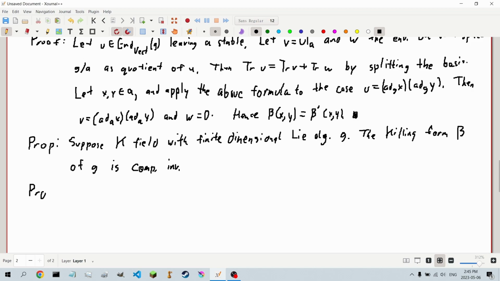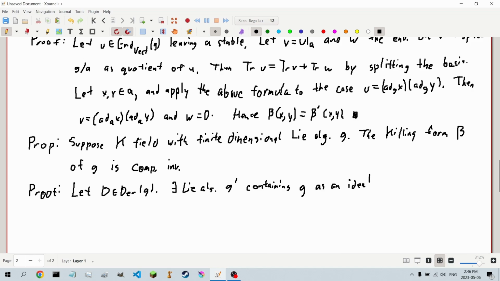Let's look at the proof. Let D be a derivation of G. And there exists a Lie algebra G prime containing G as an ideal of codimension 1, which essentially means we're taking G and adding on a single dimension to it.